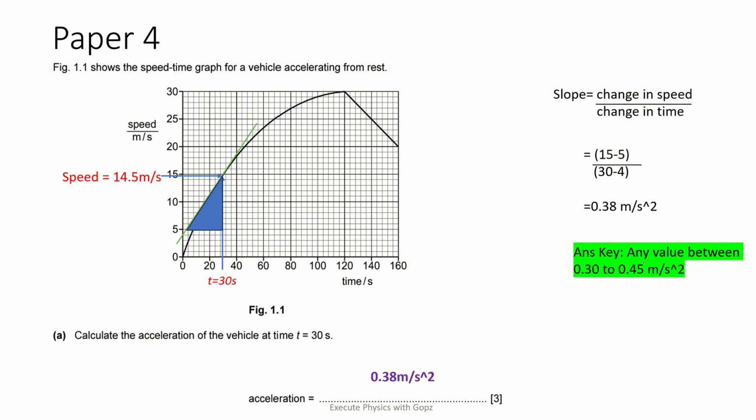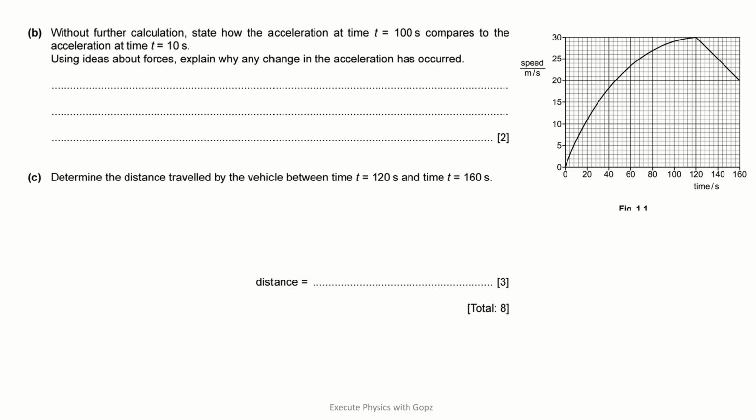Now the next question is the B part. Without further calculation, that means you don't have to do any further calculation. Without any mathematical work, state how the acceleration at time t equal to 100 seconds compares to the acceleration at time t equal to 10 seconds. So where is time t equal to 10 seconds? And where is time equal to 100?